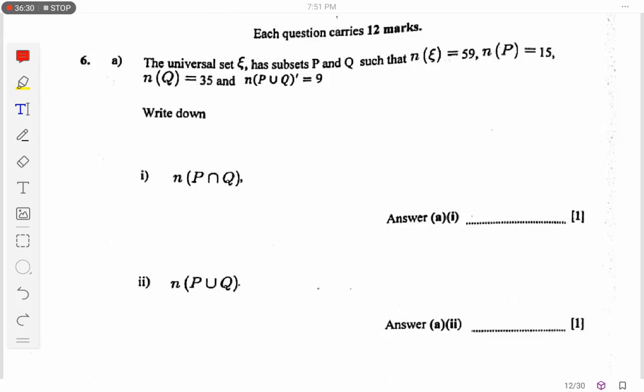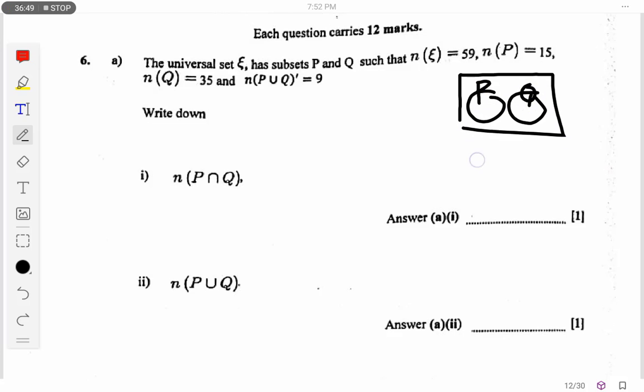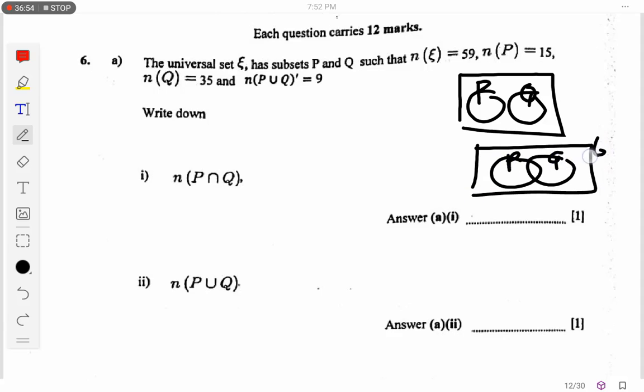Okay, the next question is saying that the universal set has subsets P and Q. So if I'm to draw this universal set, it means I can have a universal set of P and Q like that, or of P intersection Q like that. And this is the universal. Okay, fine. Then they are saying n of universal is 59, n of P is 15, n of Q is 35.